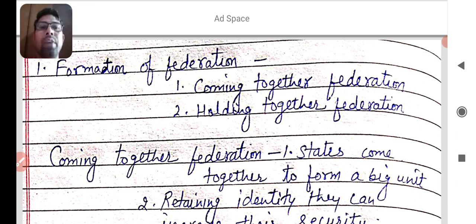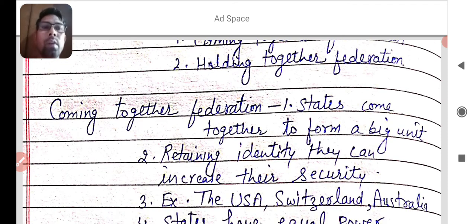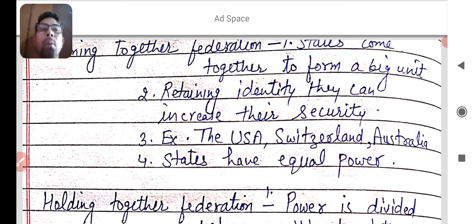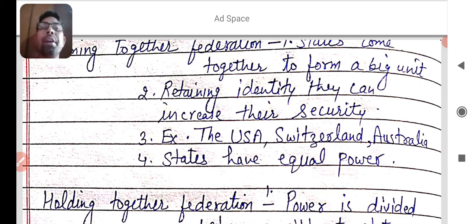Coming together federation is the system where the states come together. You can learn it with the definition or with the main point that coming together here means let's come, states, and let's form a big unit. So in this type of system, states come together to form a big unit, and while forming a big unit, they retain their different identity, and they can increase their security also.